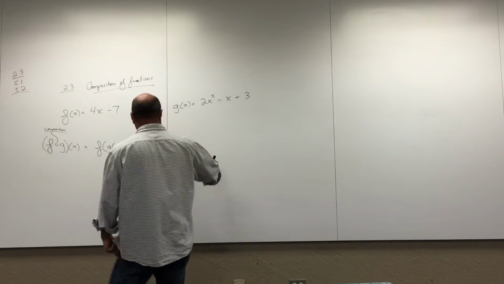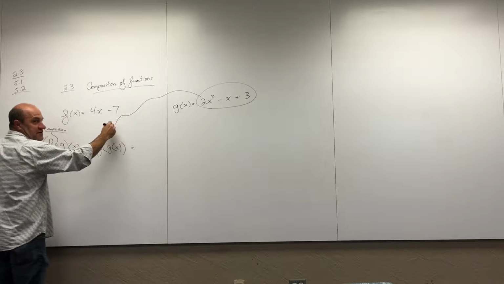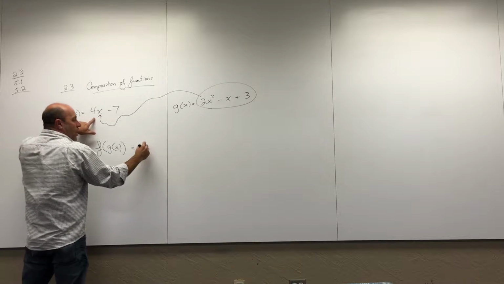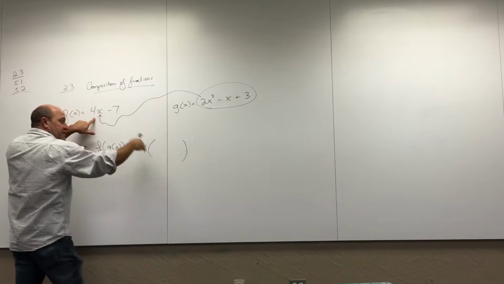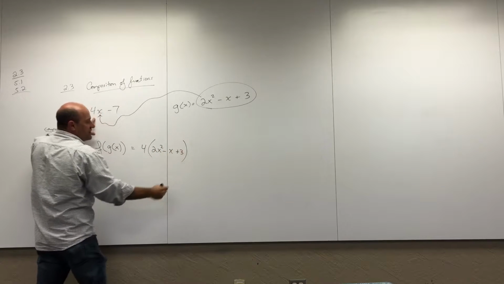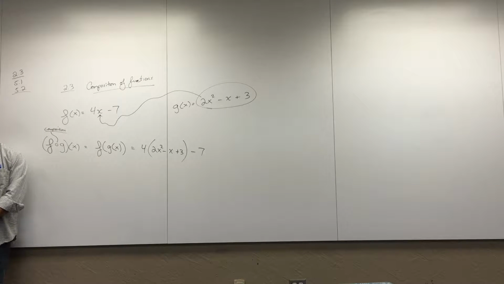Where do you stick it? Where you always stick stuff. Where do you always stick stuff? Into x. Right. So I get 4 times, I plug the entire g function in here, minus 7. It's kind of strange, but it's the composition of two functions. And what it does is it creates a new function.